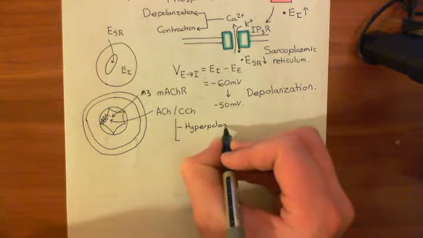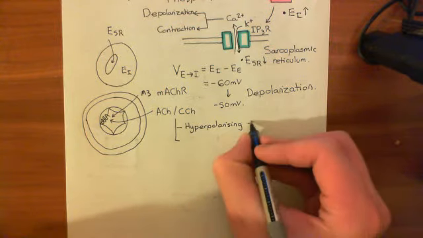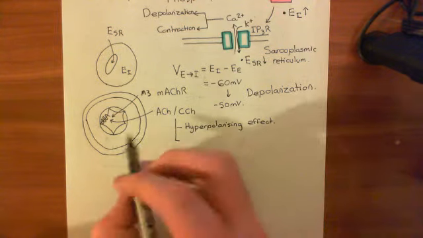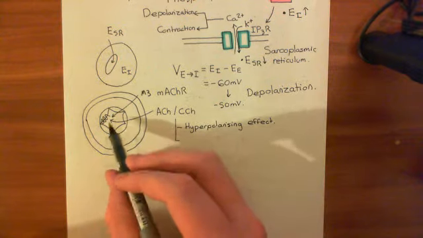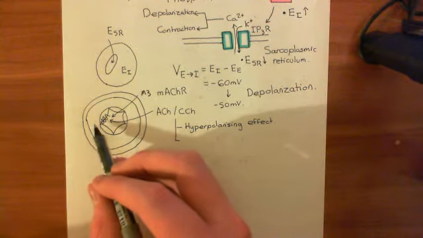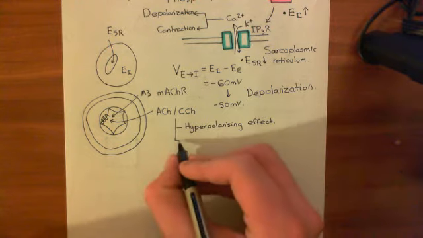Now, we would expect the relaxation because we know that acetylcholine or carbachol is going to stimulate the endothelial cells to produce nitric oxide, and the nitric oxide we know will cause relaxation of the muscle cells. It's the endothelium-derived relaxation factor, remember.